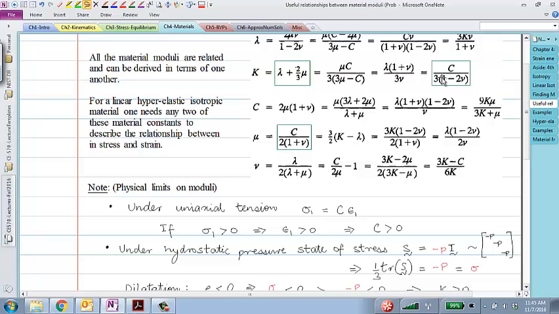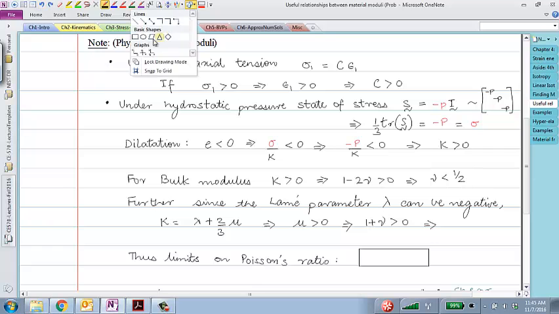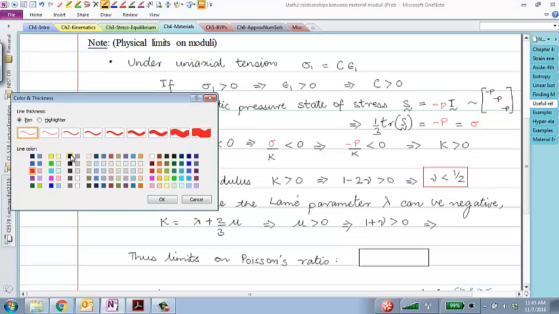So 1 minus 2 nu has to be greater than 0, which means, what's the limit on the value of nu? Nu has to be less than half, right? That's an important property to keep in mind.